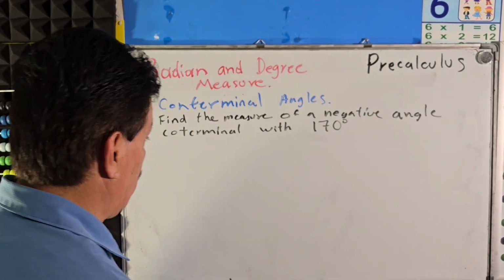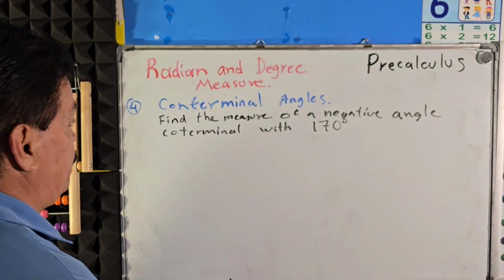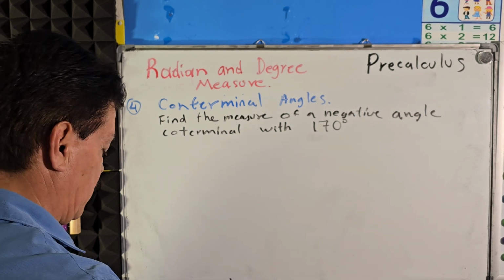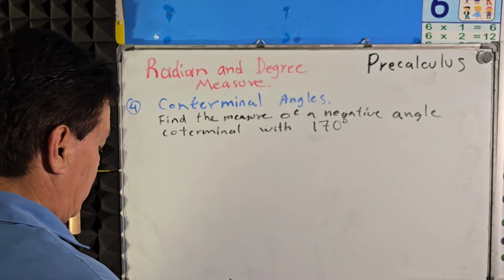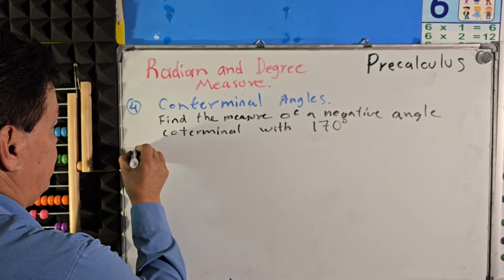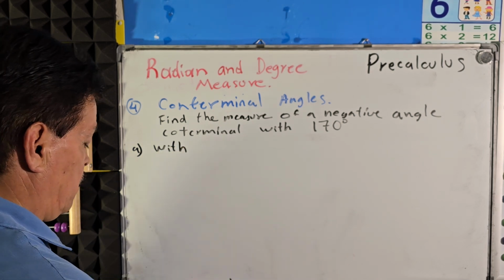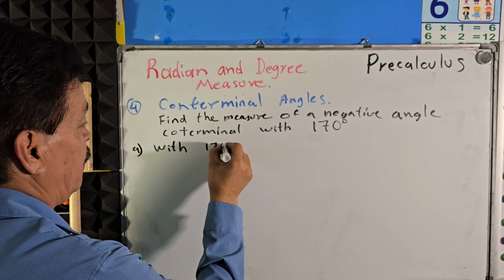So let's do our problem here. It's easy. How do we start to solve it? We have the problem with 170 degrees.